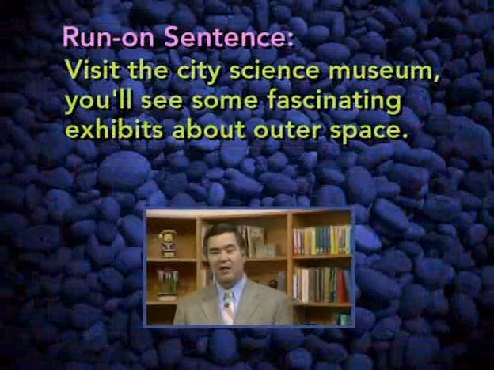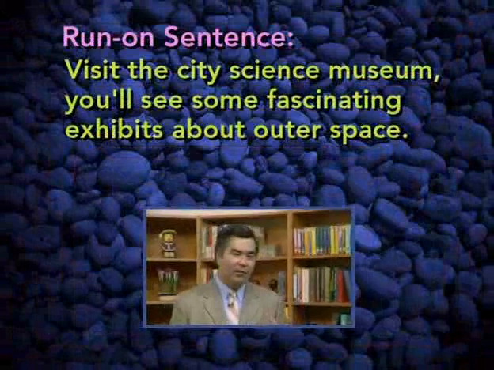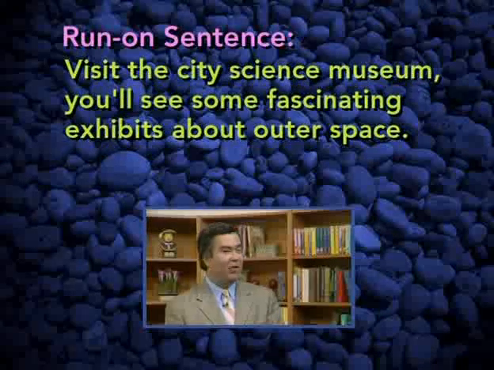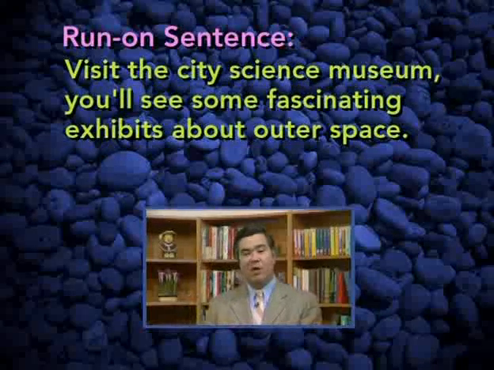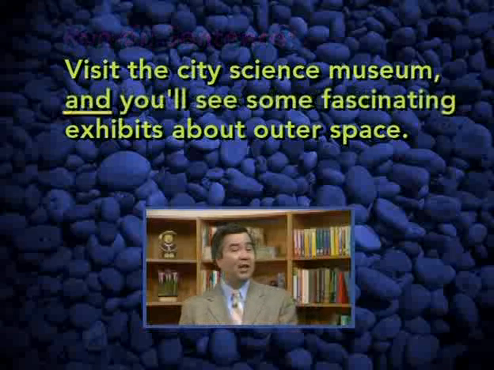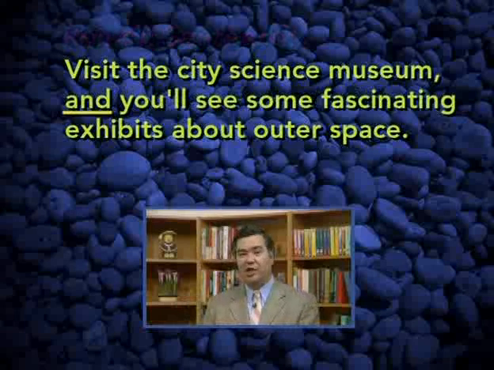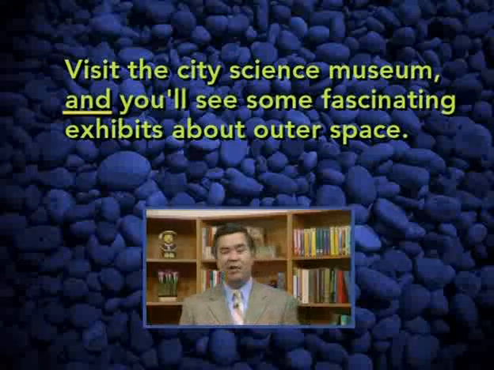What would be a good way to fix this run-on sentence? Well, you have at least two options. Remember our rules about how to create a compound sentence. One way to correct this would be to use a comma and a coordinating conjunction. And in this case, the coordinating conjunction and seems like the natural choice.